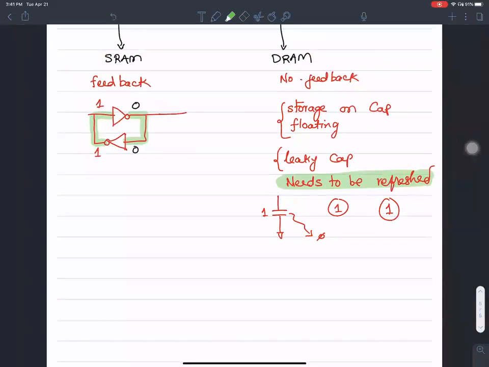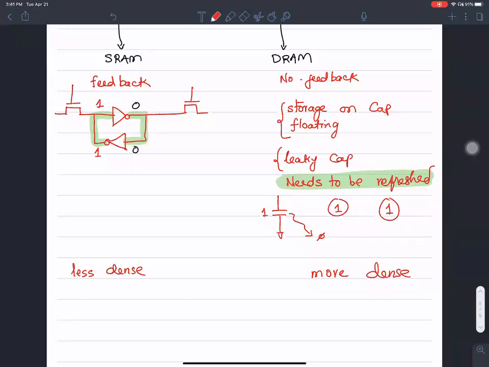So even though this guy is less dense compared to this guy, which is more dense because it uses fewer transistors, as you can see, there are two inverters. Each inverter has two transistors in them. So there are at least 4 transistors. And then in addition to that, I need 2 MOSFETs to access the storage. I'm going to talk about how and why they are necessary.